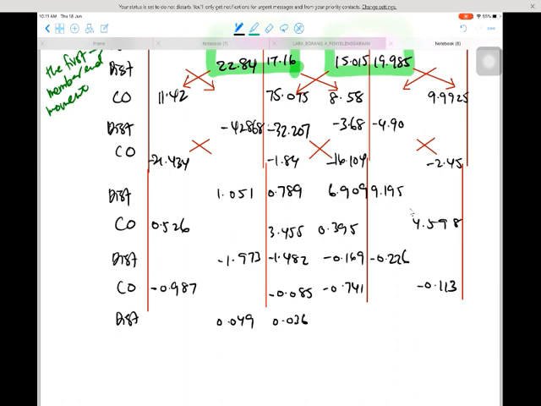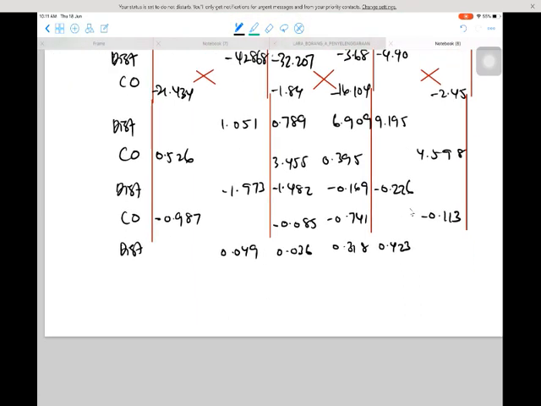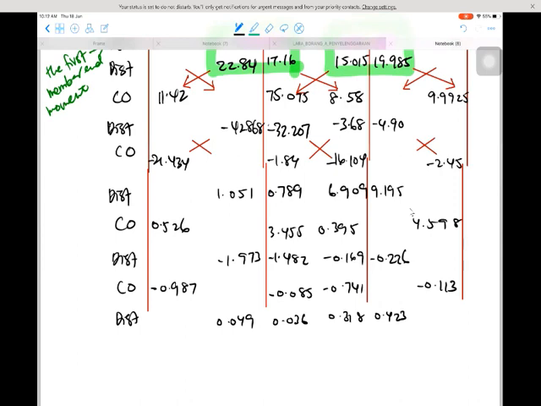Okay, 0.741 negative times 0.429, we get positive 0.318. 0.741 minus 0.318, so we get positive 0.423. Okay, then we may continue another distribution.